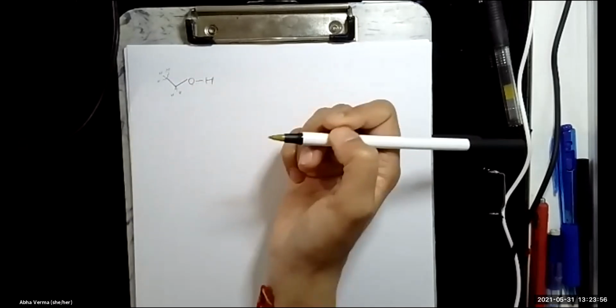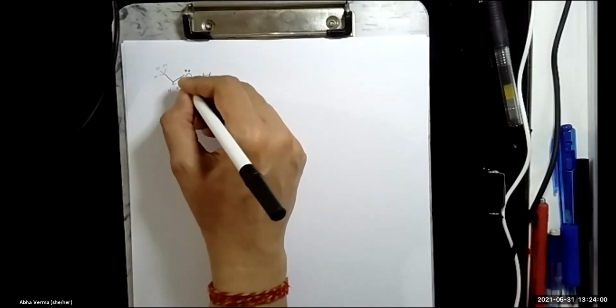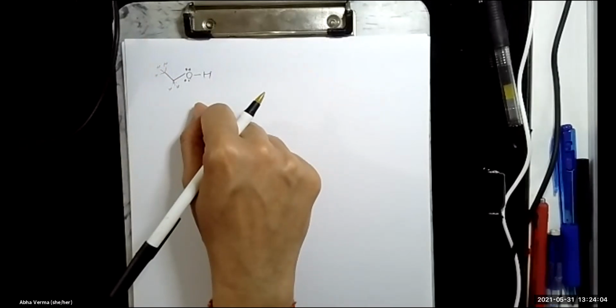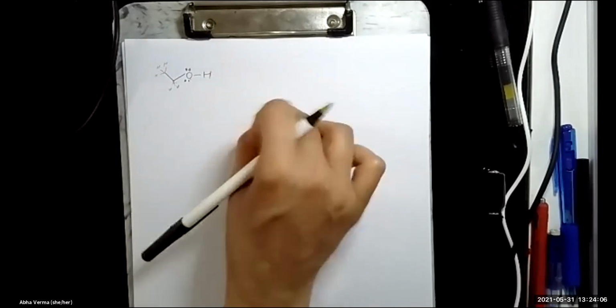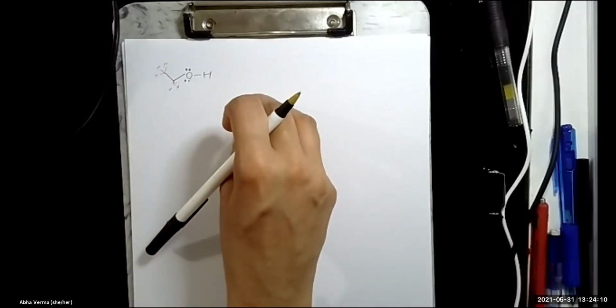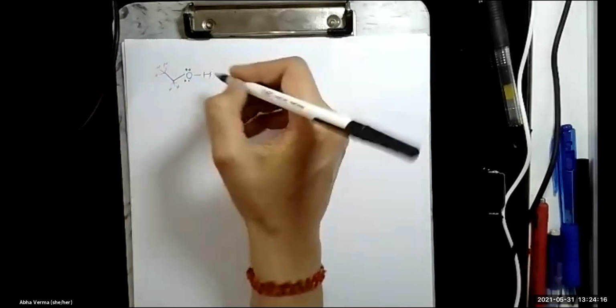This is an overall neutral molecule, and oxygen bears 2 lone pairs, nitrogen has 1 lone pair. So make sure you always remember that. Whenever you look at oxygen, whenever you look at nitrogen, always think about their lone pairs along with them.